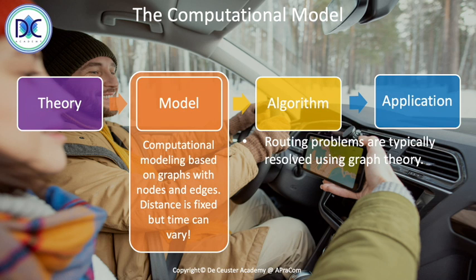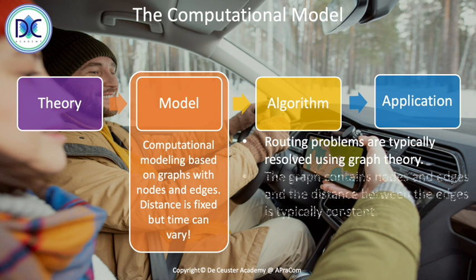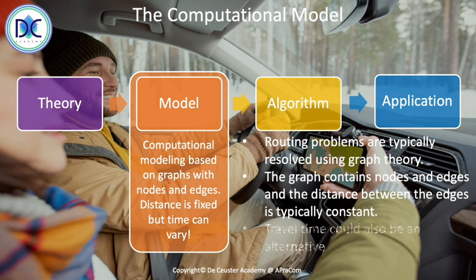Graph problems are important. Here we are using graph theory, and there are a number of algorithms that support this. When we look at the graph, there are nodes and edges, basically the points and the lines or roads between them. The distance between the edges is typically constant. In most cases in route planning, the distance between two places, according to some edges, will always be the same.